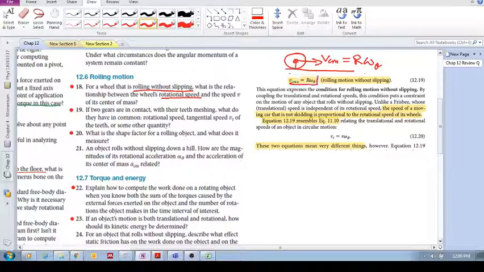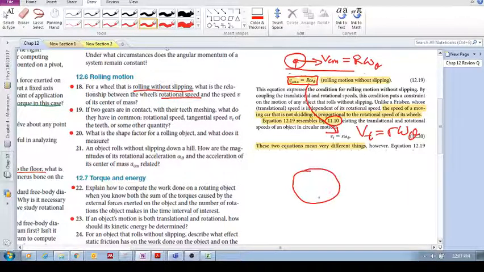It's very straightforward, but the important thing is to not confuse it with this one that we've seen before. Vt equals r omega. They look identical. V is r omega, V is r omega. But there's an important difference. This equation, which is from equation 11.10, is the velocity of any point.